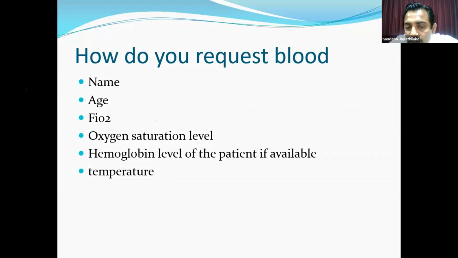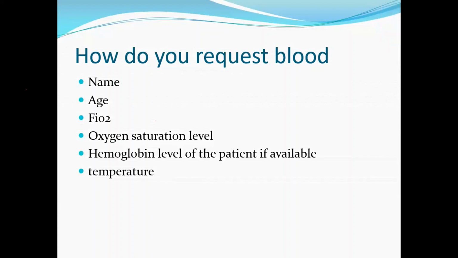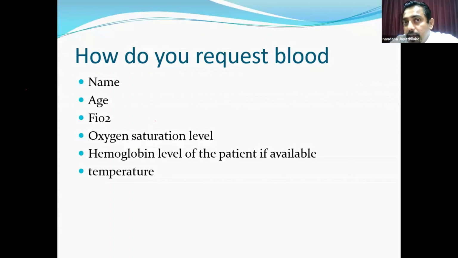And please mention the oxygen saturation level. If he is on oxygen, whether saturation is 90% or 95, whatever. And the hemoglobin level of the patient, if it is available, is important, and the patient's temperature.